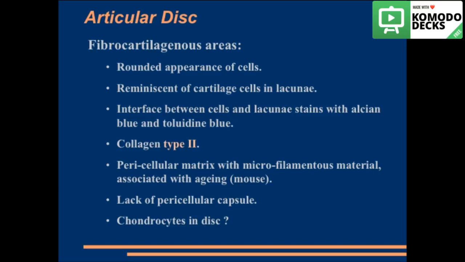Also, there is collagen type 2 presence, and a pericellular matrix that contains microfilamentous material. This pericellular matrix is more found in older ages, according to animal studies. The cartilage-like cells in these older age discs have no pericellular capsule at the periphery of the matrix.